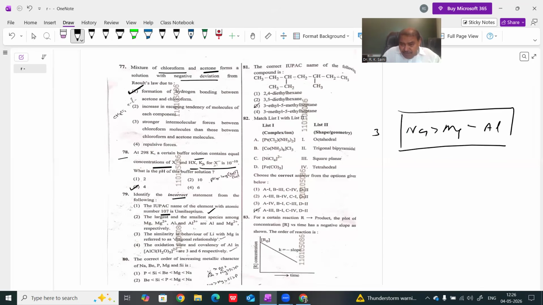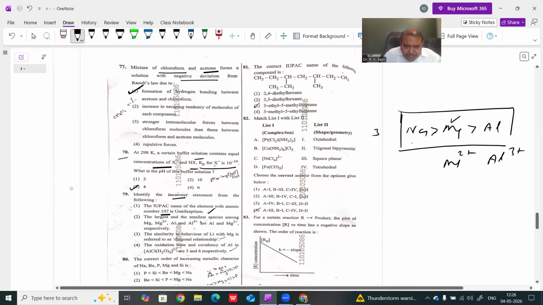When we check size, across a period from left to right, the size decreases. It means magnesium is largest and aluminium is smaller, and their ions are also smaller, and hence this option is incorrect. In this option, the largest species is magnesium and the smallest species is aluminium plus 3.